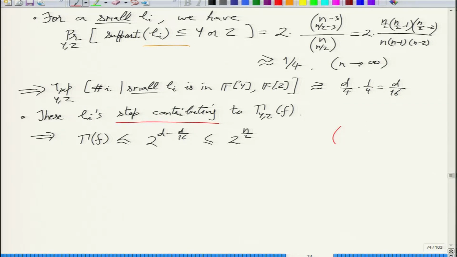Let's write down the properties of d. So d is less than or equal to n by 2 and it is at least n by 3. So what do we get? We get n by 2 here and we get n by 48. Yeah, that is what we should get. So we have to change the theorem statement accordingly, but then we get this gap of n by 48.